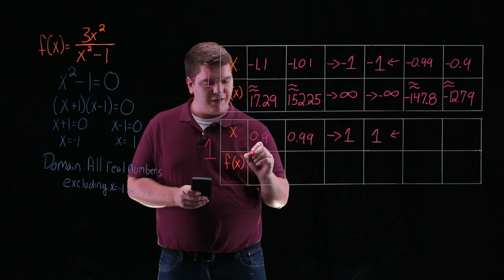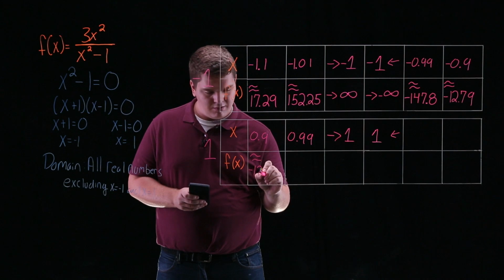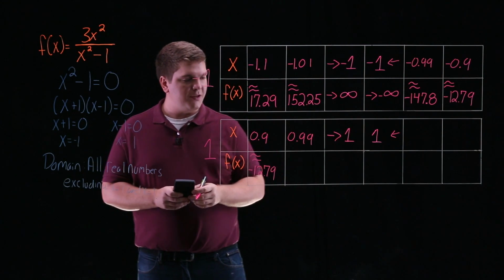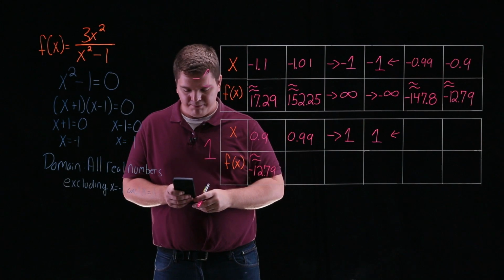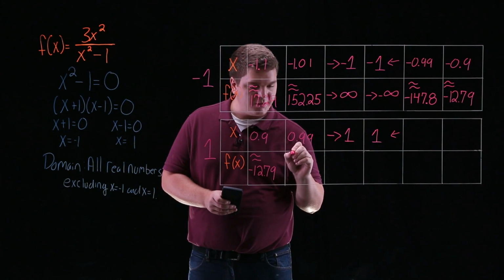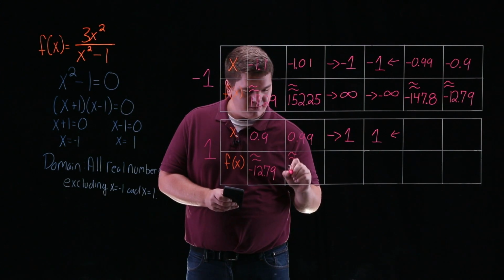At 0.9, our function value is approximately negative 12.79. And evaluating our function at 0.99, our function value is approximately negative 147.8.